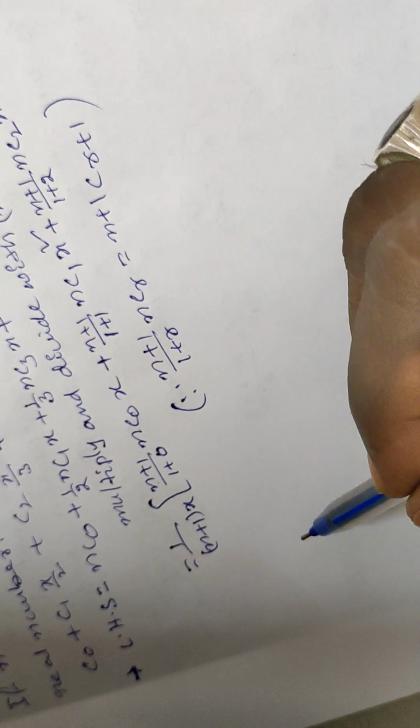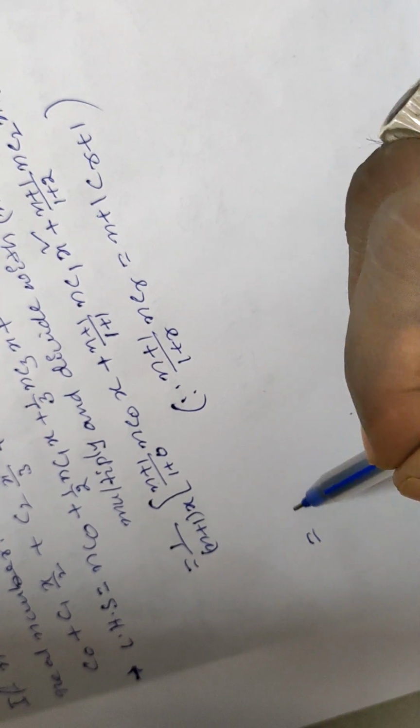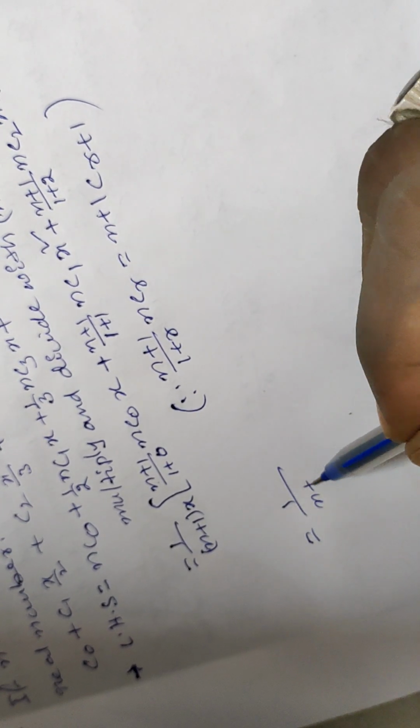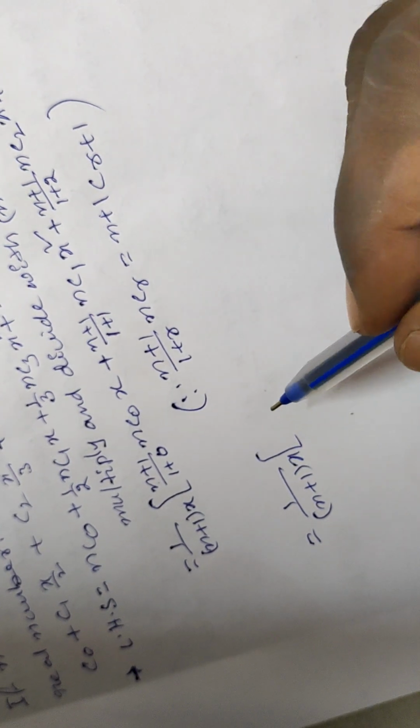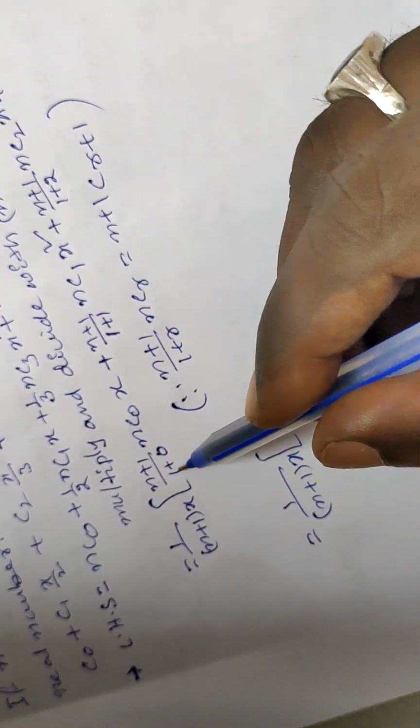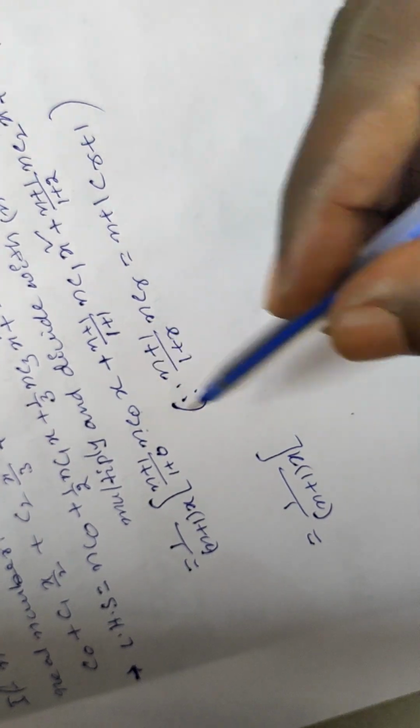Now applying the formula, we get 1 by n plus 1 into x into n plus 1 by 1 plus 0 into NC0 into x.